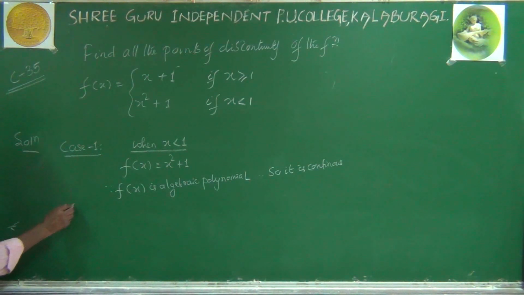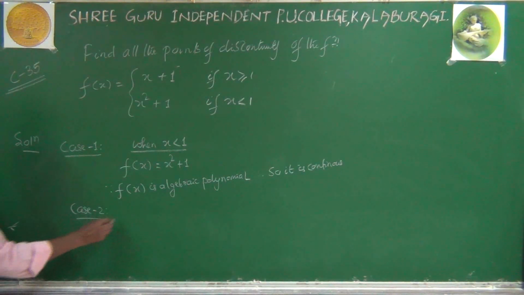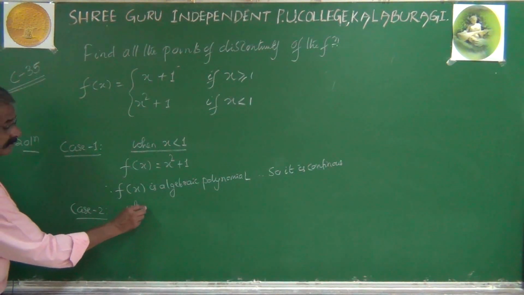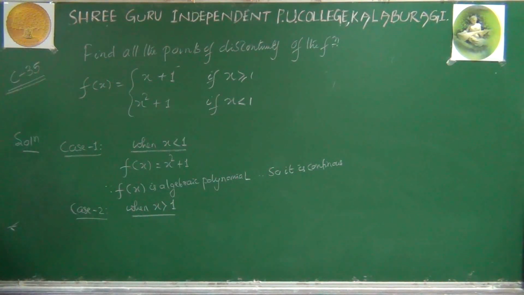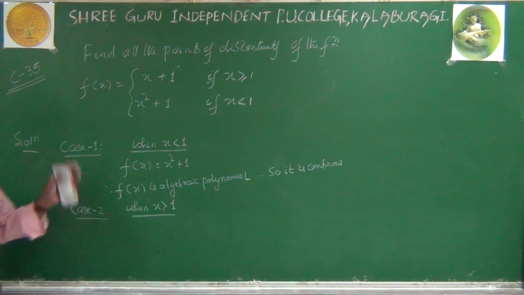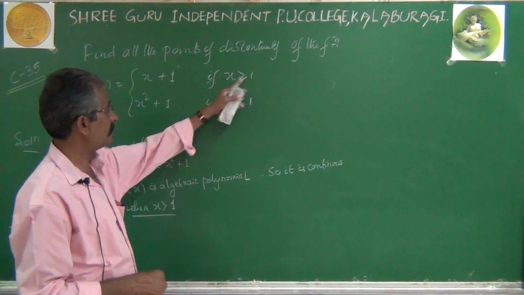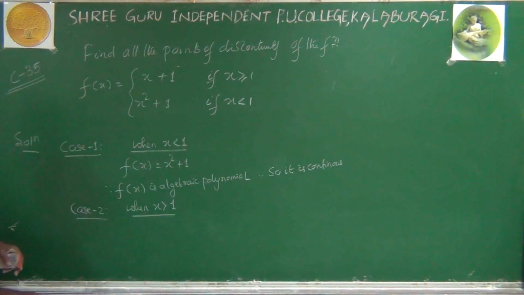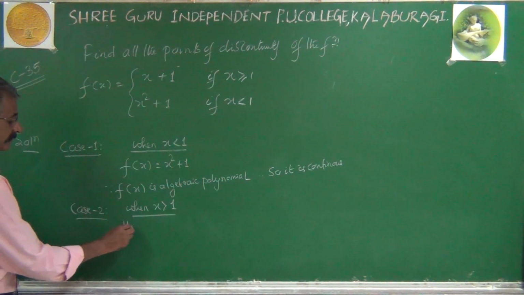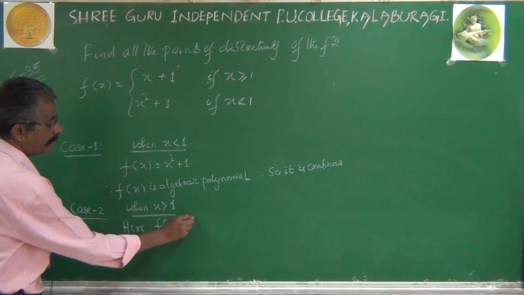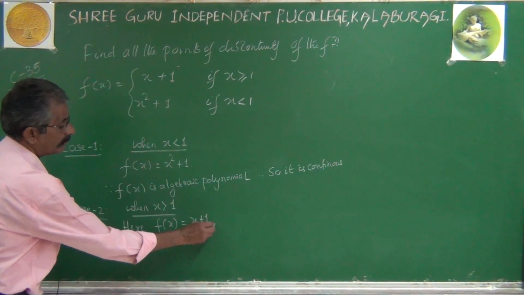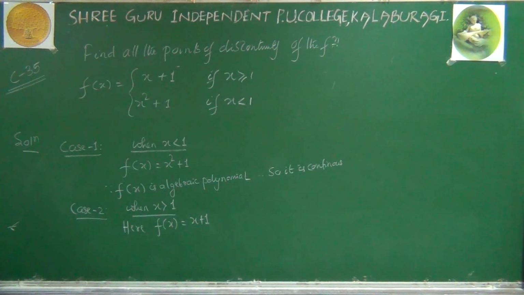Case 2. When x is greater than 1, by the given data, the function is x plus 1. Here f(x) equals x plus 1. But what is x plus 1?